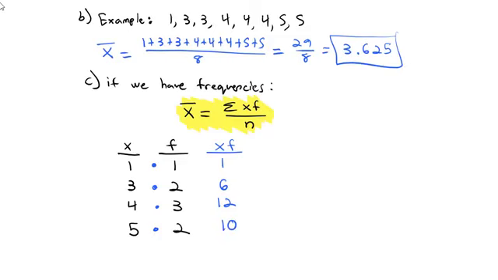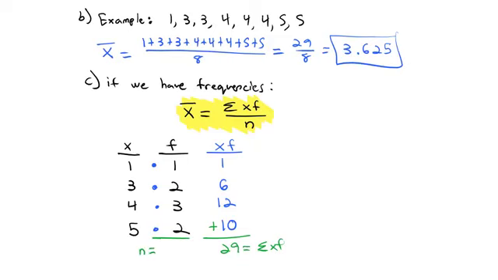And then what we want to do is sum this x times frequency table. So 1 plus 6 plus 12 plus 10 is 29. That represents the sum of the x's times the frequencies. And then we just have to divide by the sample size. Well, the frequencies tell us how many things there are.